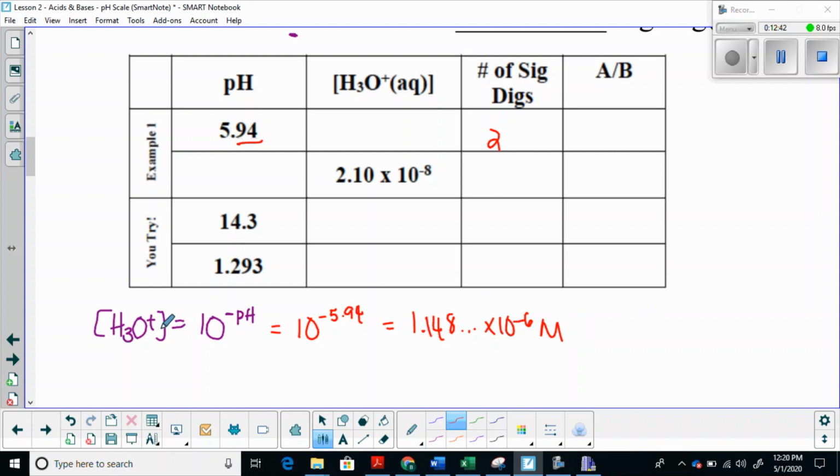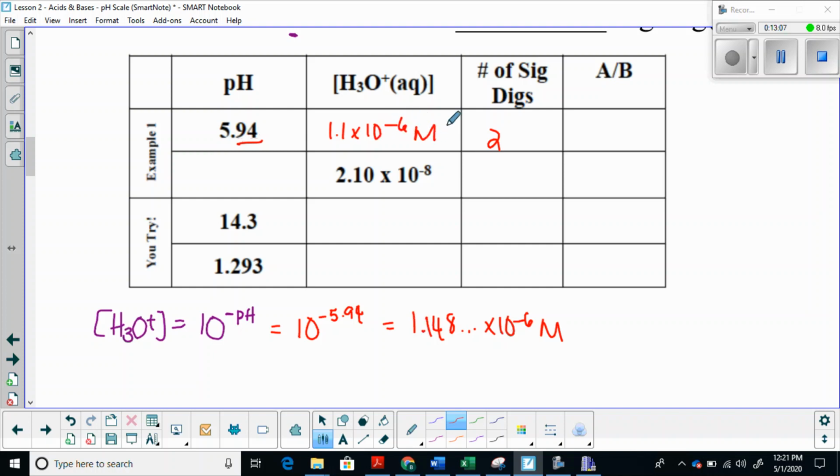Okay, hydronium concentration is always measured in moles per liter. So if we have 2 significant digits, we're going to report our hydronium to 2 significant digits. Now, the hydronium concentration and the hydroxide concentration will use our regular significant digit rules. So we need 2 digits. I'm going to get 1.1 times 10 to the negative 6 moles per liter.